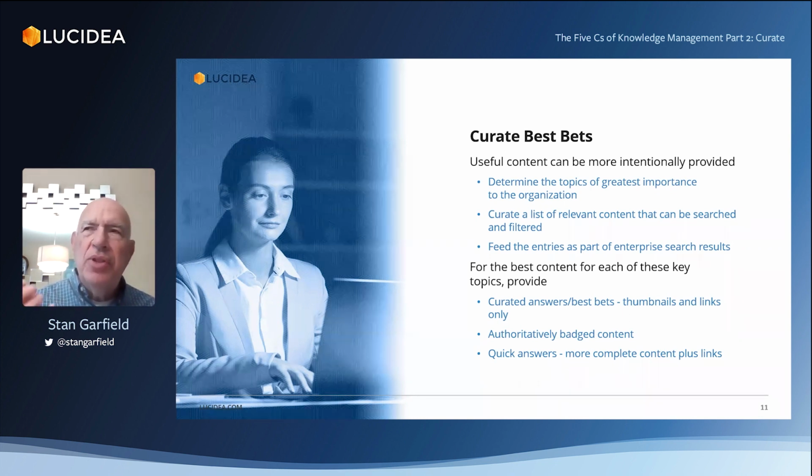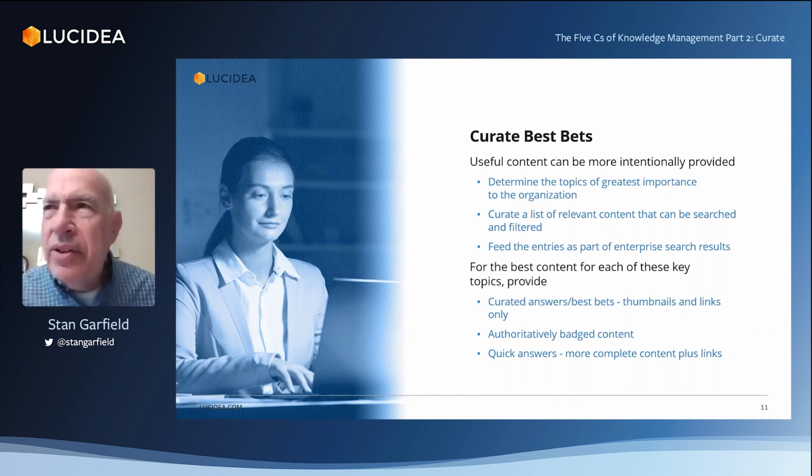You see some information actually presented right on the search results page. And you can do the same thing inside your company with search. So if you make content more intentionally provided, then when people search, rather than having them click through all the links and evaluate the material that's underlying, they can be presented with information right on the search results page, some of which may be exactly what they need, and they don't have to go any further.